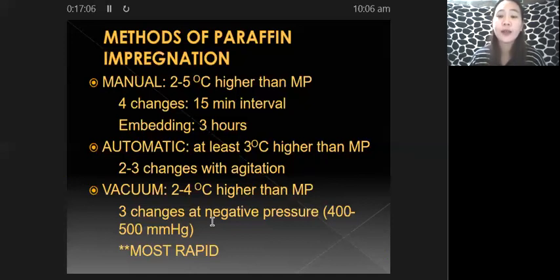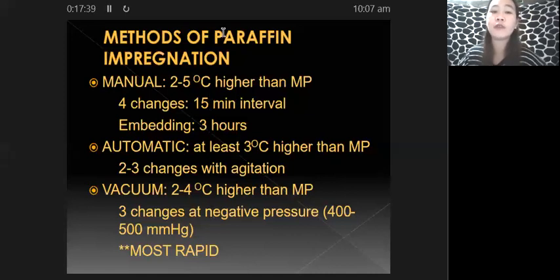Since you are able to remove your clearing agent faster in the presence of a negative pressure or vacuum, your vacuum method is considered to be the most rapid because it allows faster penetration by your paraffin wax. Faster removal of your clearing agent, faster penetration of your paraffin wax, thus it is considered to be the most rapid.